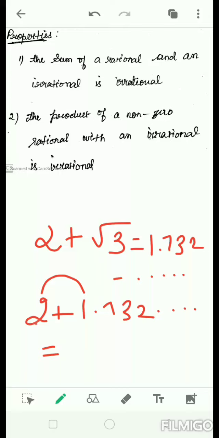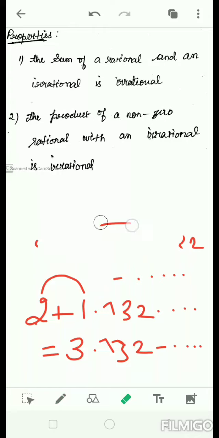If you add the integral parts, 2 plus 1, it is 3.732 etc. After adding these two numbers, the final answer after the decimal point also goes on endlessly, so obviously it is an irrational number. So if you add any rational number and an irrational number, the answer is definitely irrational. That is the first property.